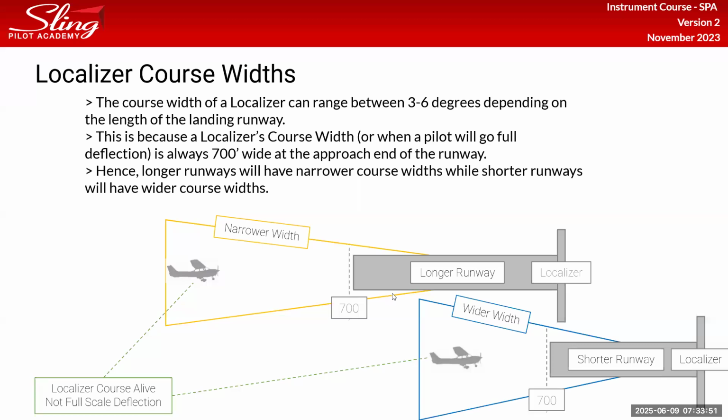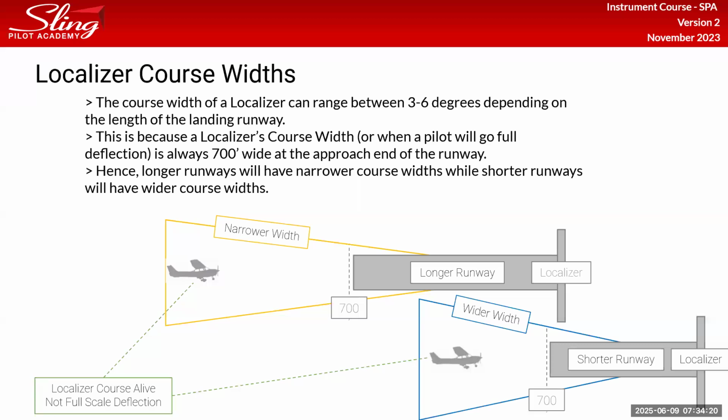I'm going to assume that they are sort of specific to each runway. I'm asking because the slides make it seem like the 3 to 6 degrees is universal to every localizer that is made, and it's not dependent on the size of the runway.